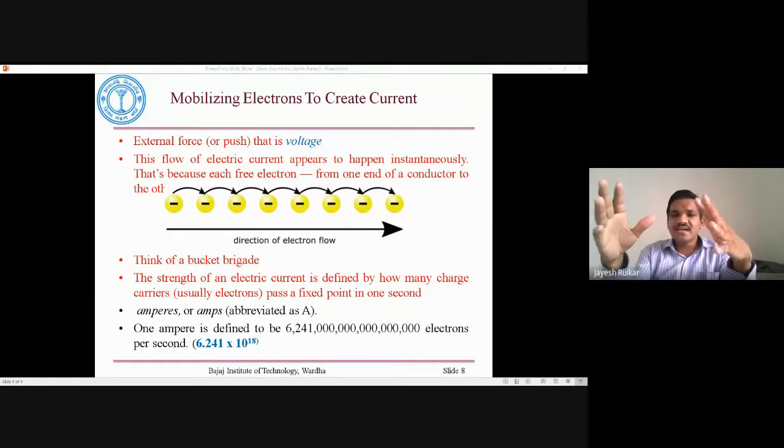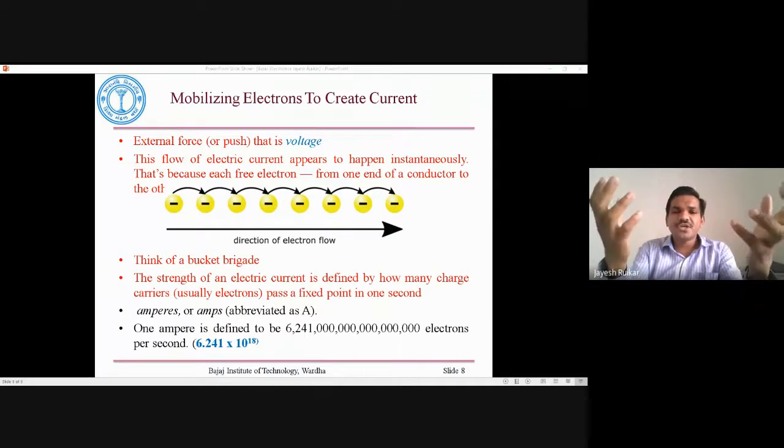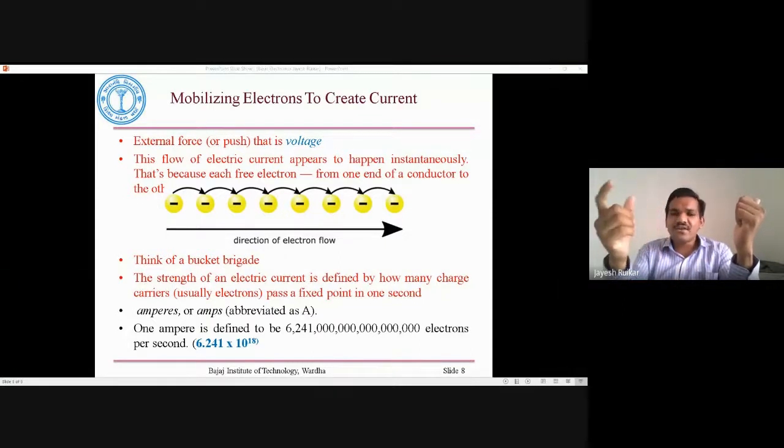So what is electric current? It is nothing but the movement of electrons in the same direction through a conductor. Conductor means that which conducts. They start moving when we apply an external force, or an external push, to the electrons.